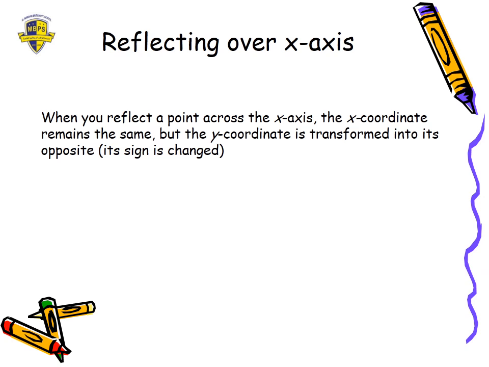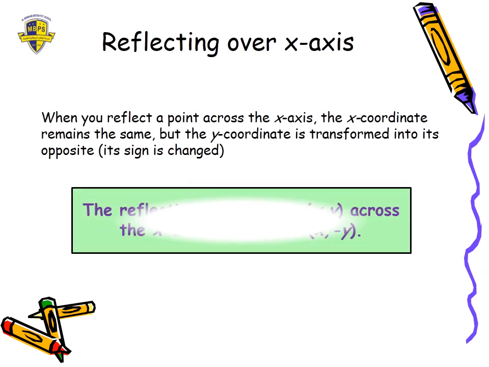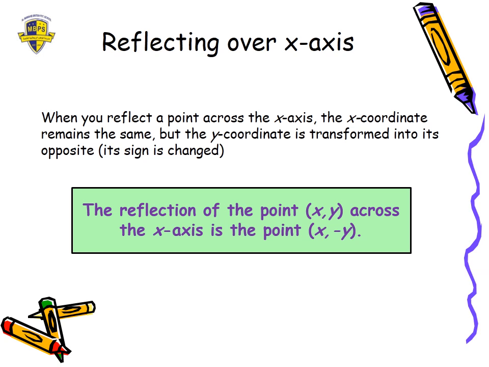Now, if you want to reflect any shape over the x-axis, the x-coordinate remains the same, but the y-coordinate is transformed into its opposite. So, like this. The point before reflection is (x, y).